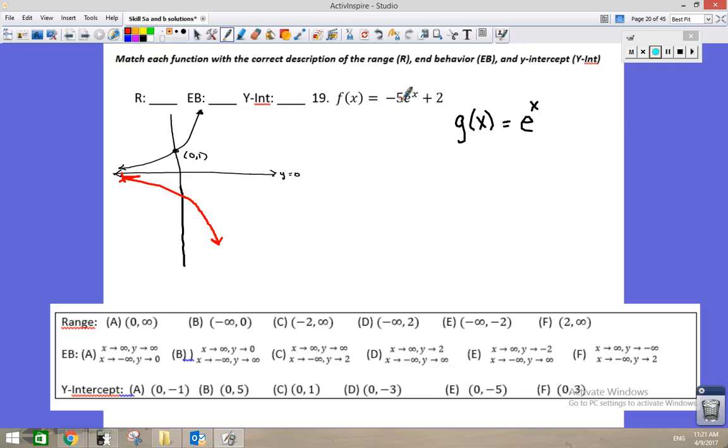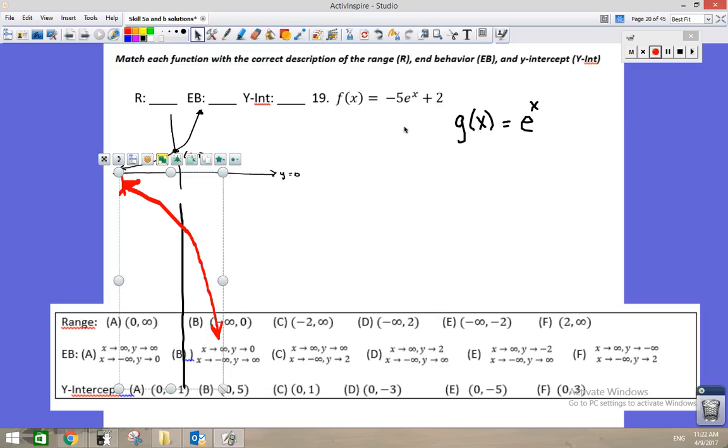The 5 is a vertical stretch, so it's stretching away from the x-axis. And then finally the plus 2 is lifting that graph up 2 units.